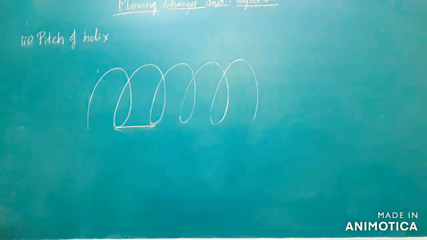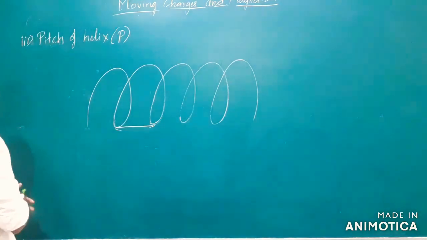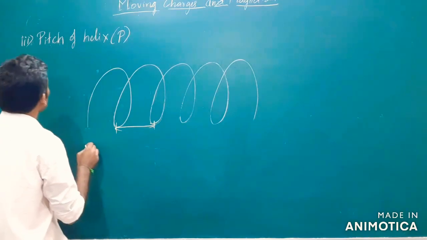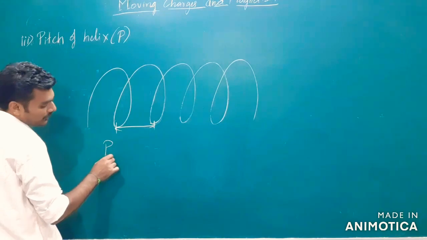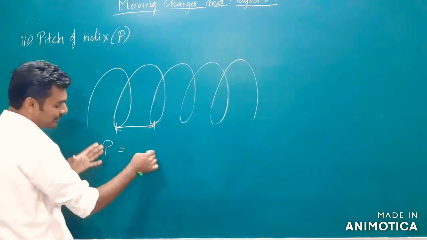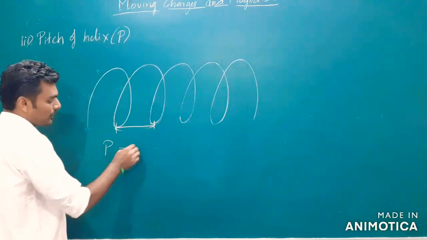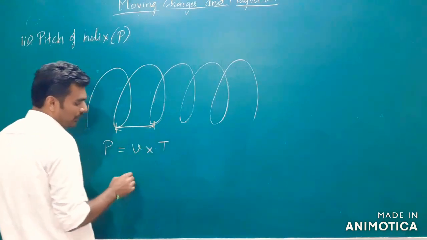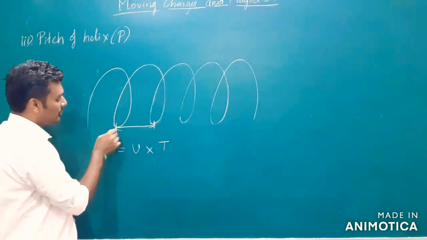This pitch of helix is represented by the symbol capital P here. This is the linear distance traveled. Now let me take the expression for this. Since it is one circular path completed, pitch of helix, the distance traveled in the linear direction, is equal to velocity into time taken. What is the nature of velocity here? The horizontal component of velocity shall be considered.